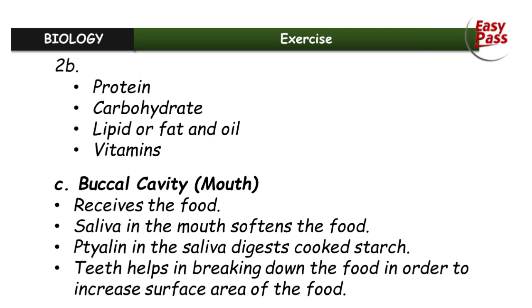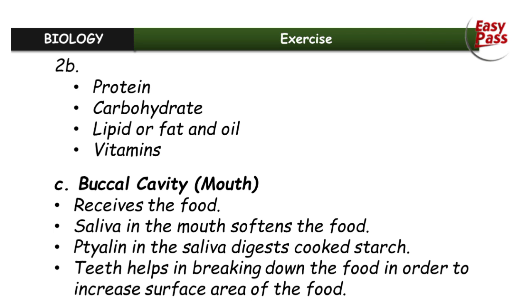We have protein, carbohydrates, lipids or fats and oil, and then the third one, vitamins. So these are the major or essential constituents of diet in mammals.